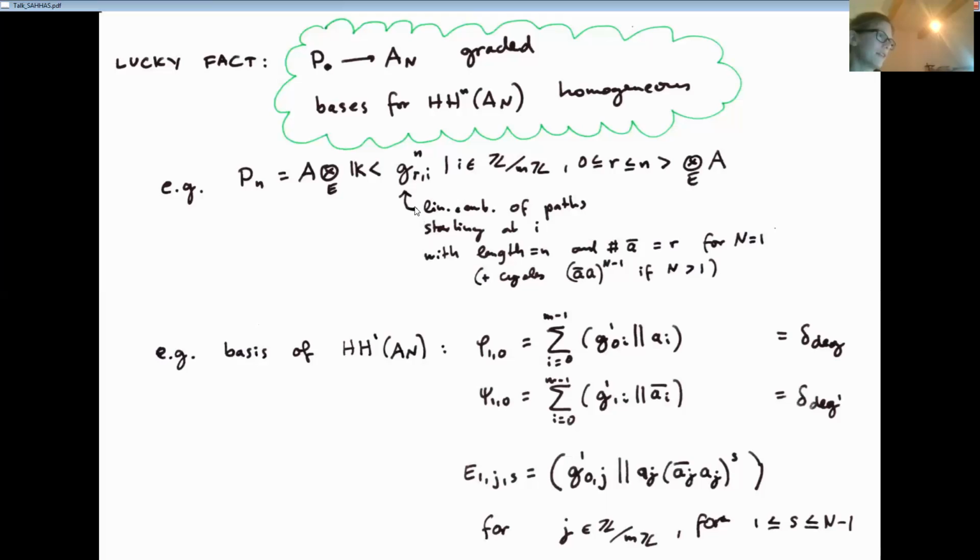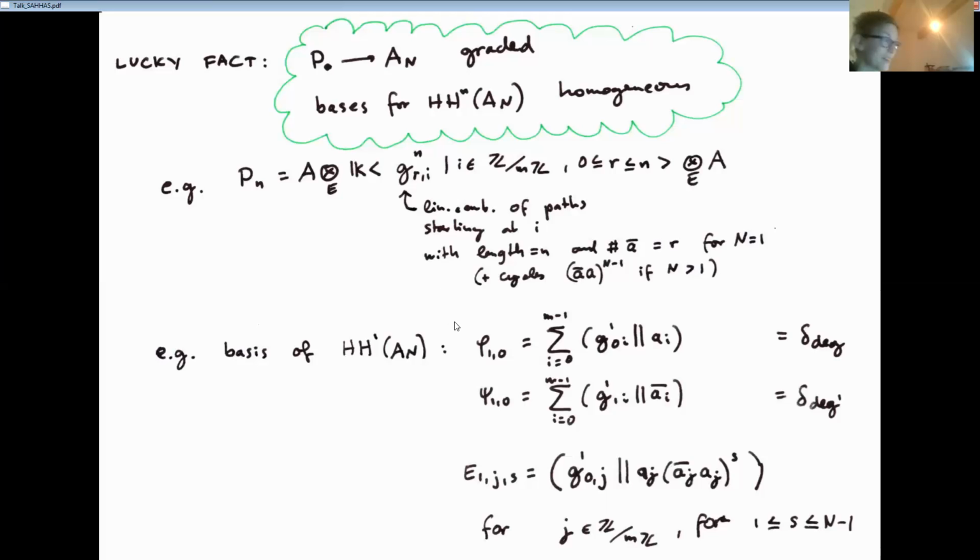Everything here is still quite difficult computation-wise, even though it is of course much smaller than the bar complex, but it is still a lot of computations to do if one has to work with this complex explicitly.